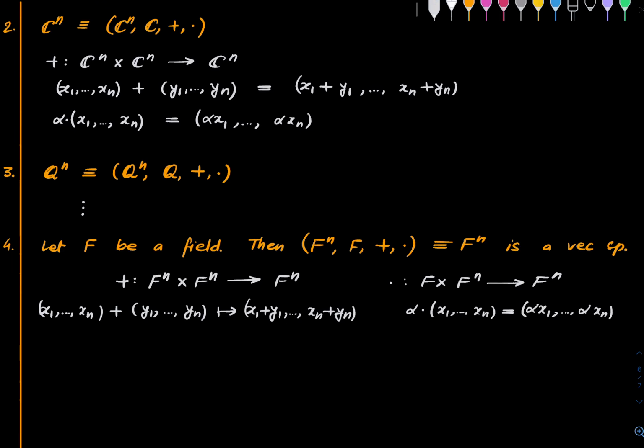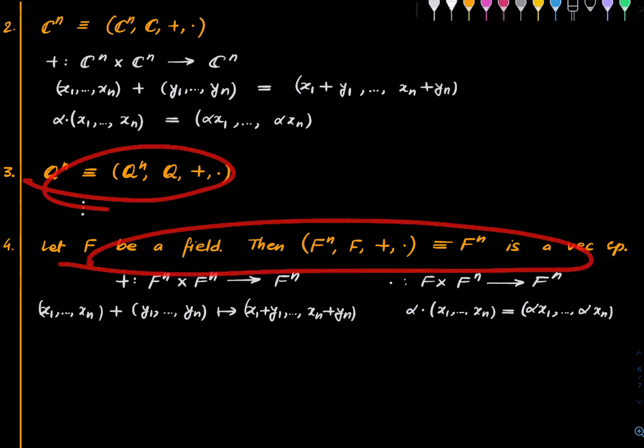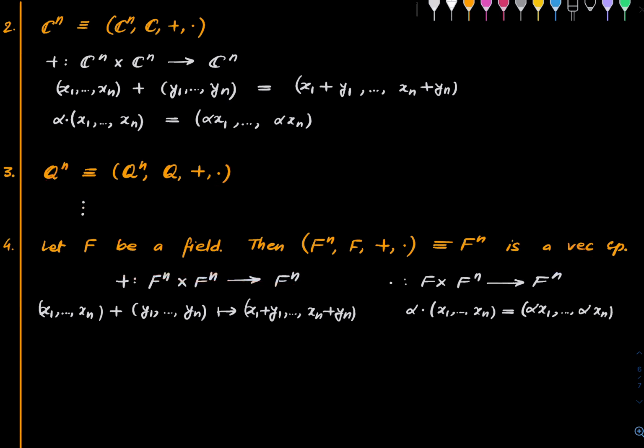Just to emphasize once more, this multiplication is happening in the field, and this is what we are defining. So just to instantiate, if you substitute R in place of F, you get the first example. C in place of F, you get the second example. Q in place of F, you get the third example. So this just takes care of all the examples in one shot. But there is at least one more example that I want to discuss.